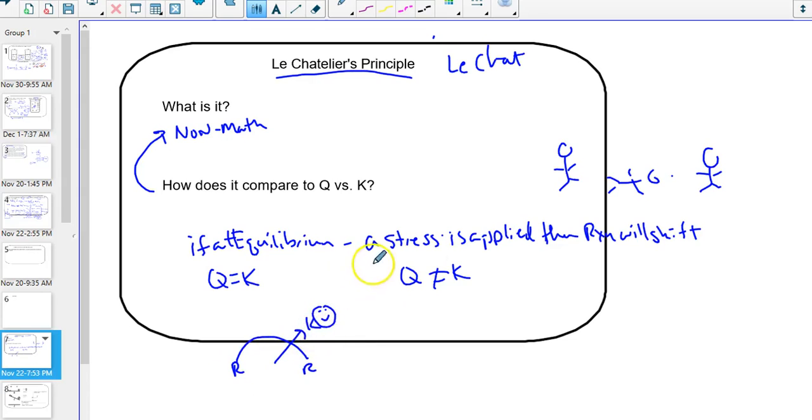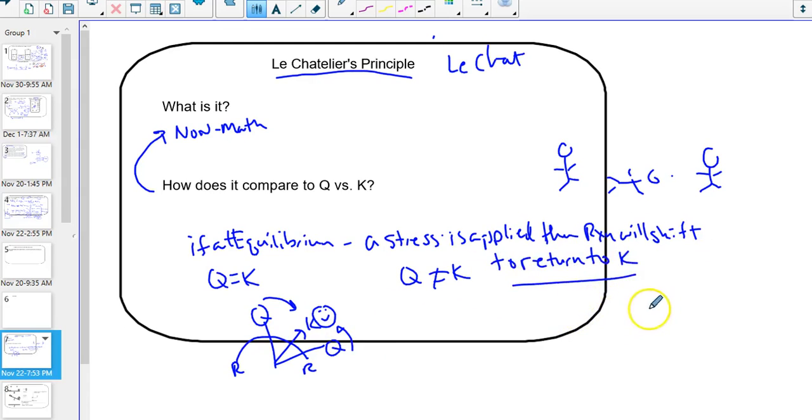A stress is applied that shoves you either here or here, and then you will shift, meaning you will go this way or this way, to get back to K. You'll shift to return to K.